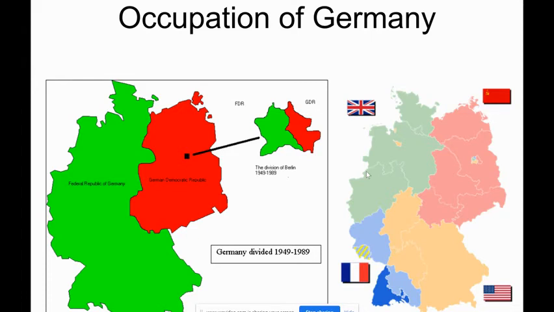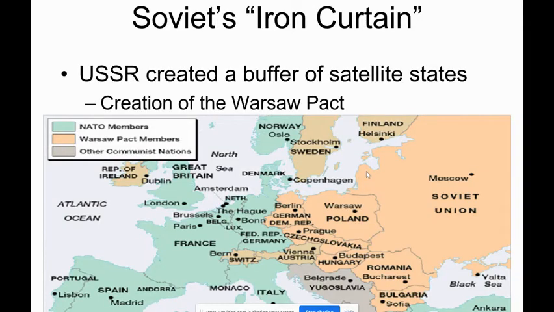In 1948, I almost said Hitler, but Stalin tried to press his luck, and he figured that if he just applied a little bit of pressure to Berlin, he could get the Western powers to give up. They would concede Berlin, and then Berlin would be Stalin's in Germany. We're going to get back to that idea in just a little bit.